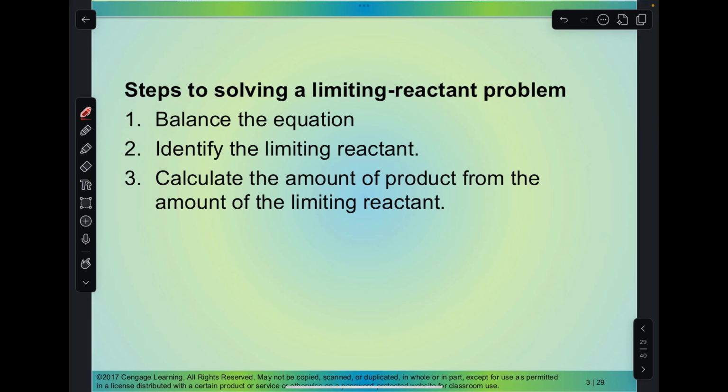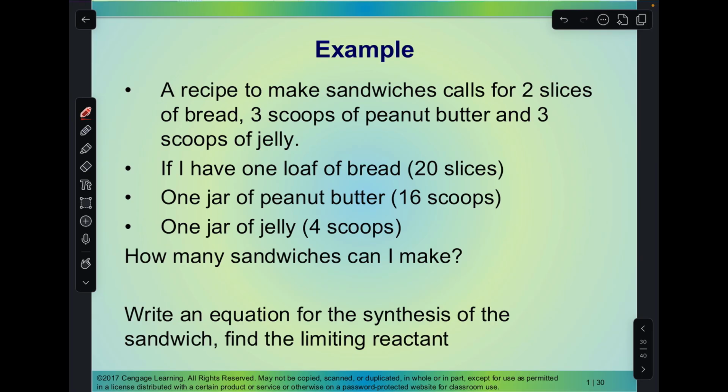So when you're doing a limiting reactant problem, you want to balance the equation, you want to identify which one is the limiting reactant, and then you're going to do that by calculating the amount of product from the limiting reactant. And so this is my example for this.